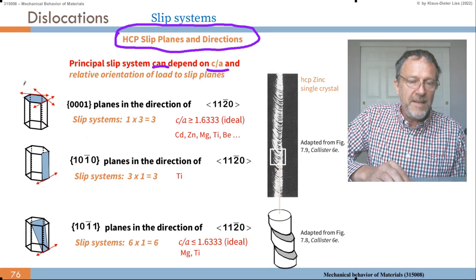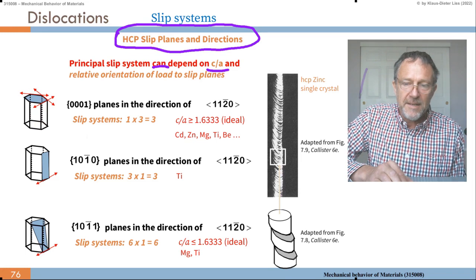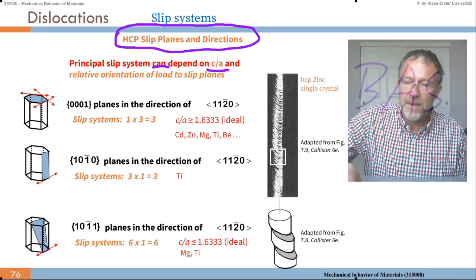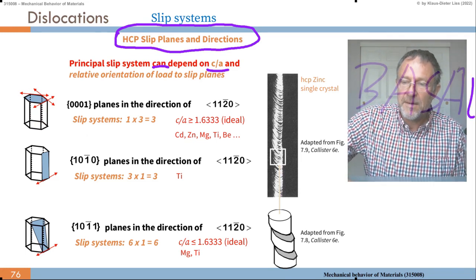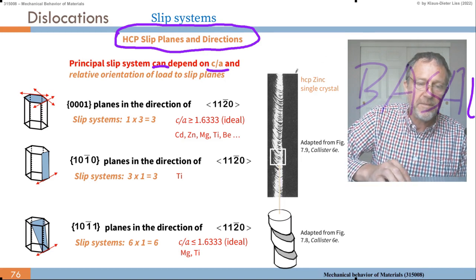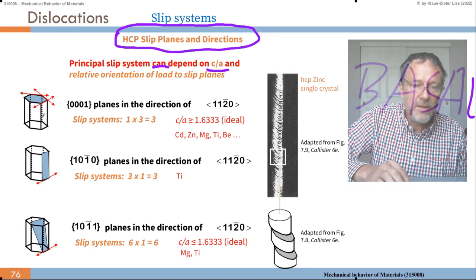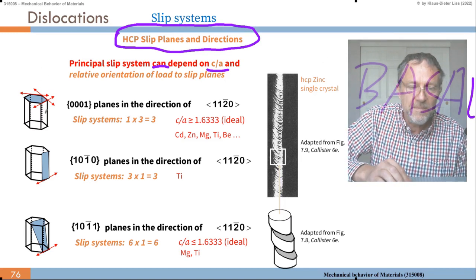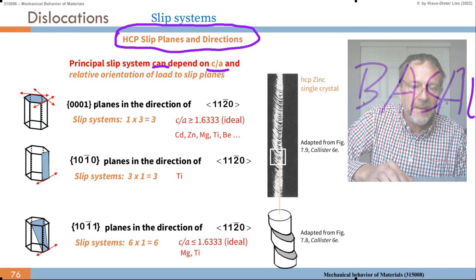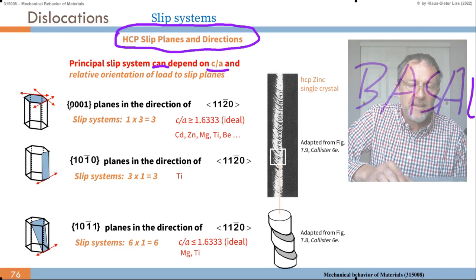So we have here what we call basal, like the base of the prism. You see here, the unit cell forms a kind of prism, and this is the base of the prism, this blue shaded area. So that's why we call it a basal plane, and this is basal slip.